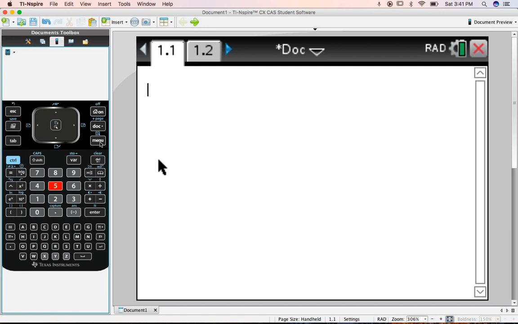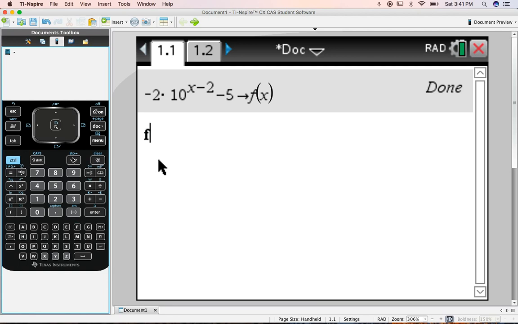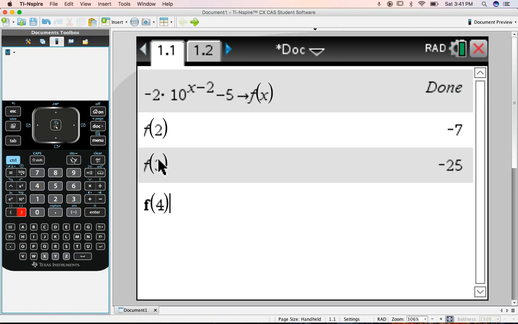Okay, here we go. Negative 2 times 10 raised to the power of x minus 2, minus 5, is all going to be control stored as your f of x. So f of 2 we know was negative 7. Then f of 3, f of 4, and f of 5.